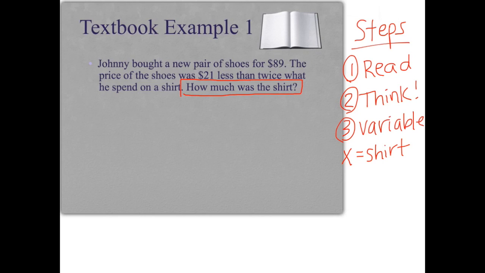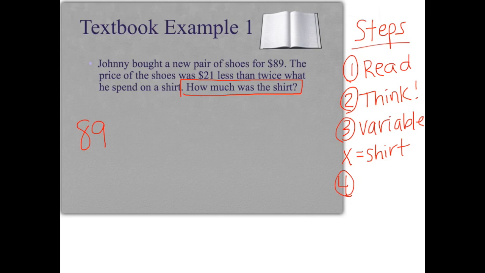Alright, step 4. We need to write an equation. Well, holy cow, how are we going to do this? Let's see. Johnny bought a new pair of shoes for $89. Okay, so we know that he spent $89. And it says the price of the shoes was $21 less than twice the shirt. So twice, if you do not know this, is the same thing as 2 times.